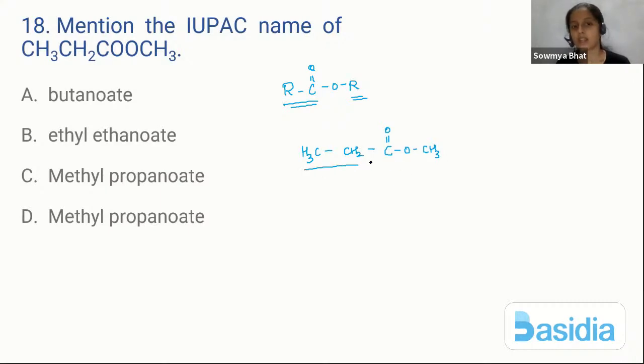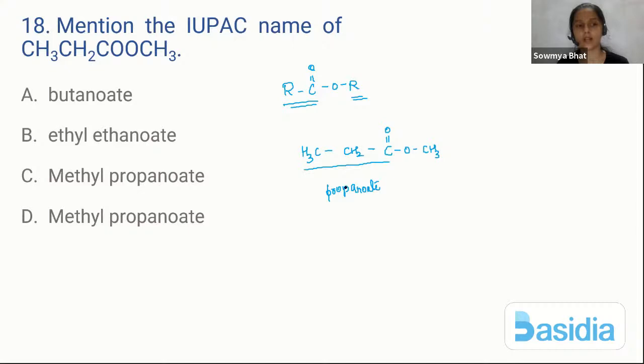So this is the main chain, and you start the numbering from the end which is C double bond O, O. So 1, 2, 3. There should be 3 carbon atoms, so this should be propane, prop, with the bonding type ane, and it is an ester, so this should be propanoate. See the answers which have propanoate. Options C and D have propanoate.